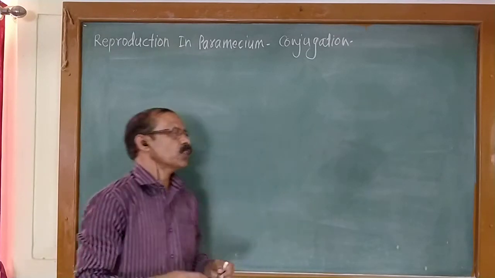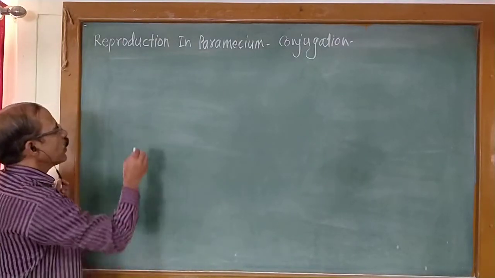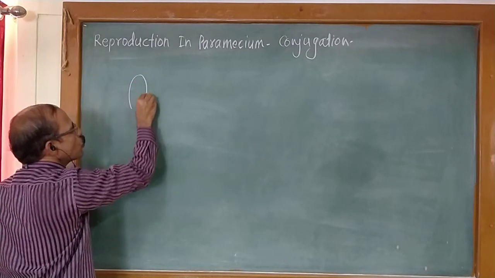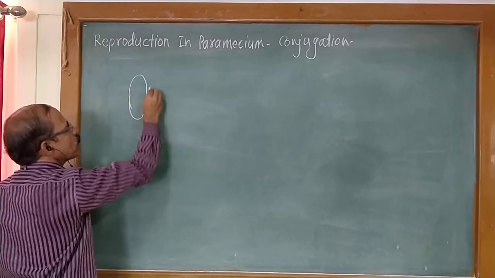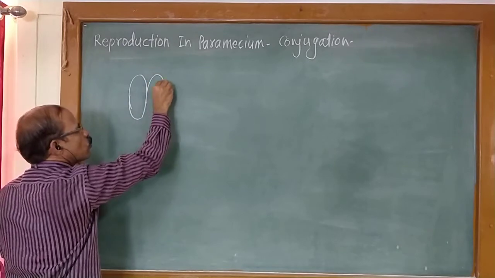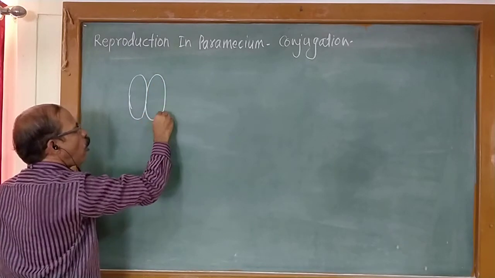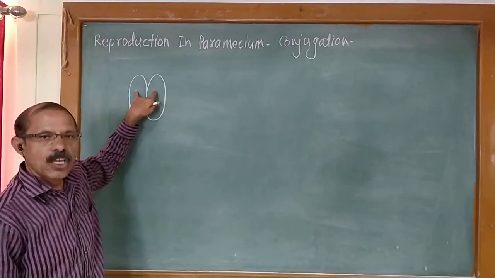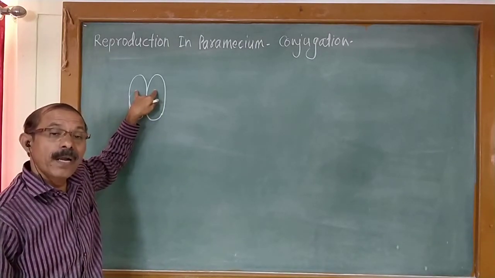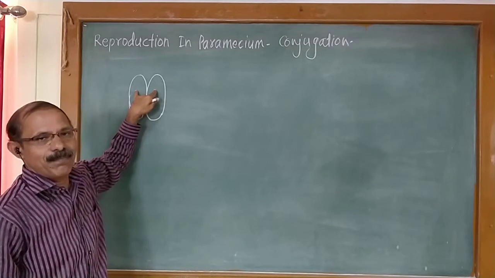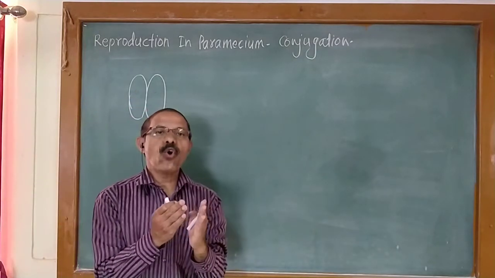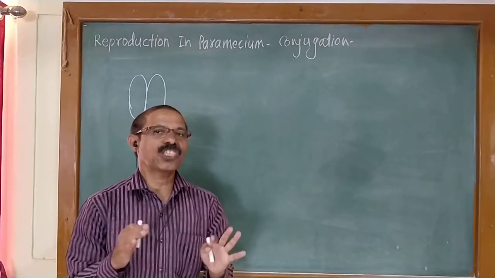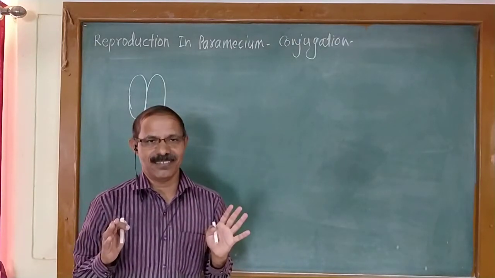In conjugation, two paramecia of the same species but opposite mating type come close to each other, and unite temporarily for exchange of genetic material.